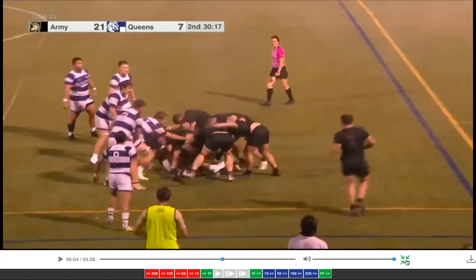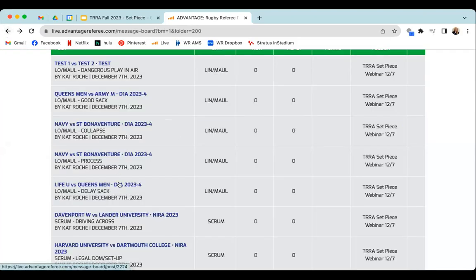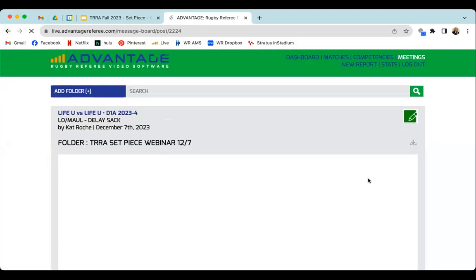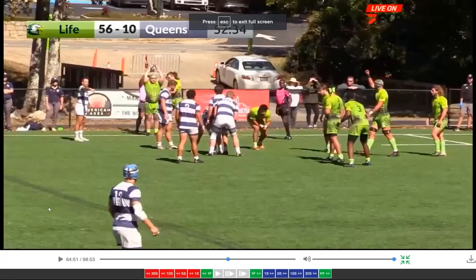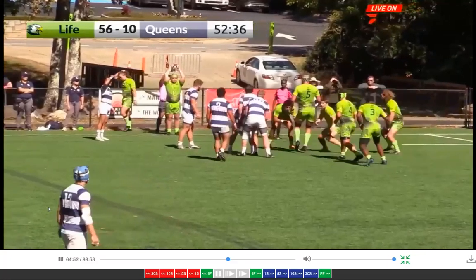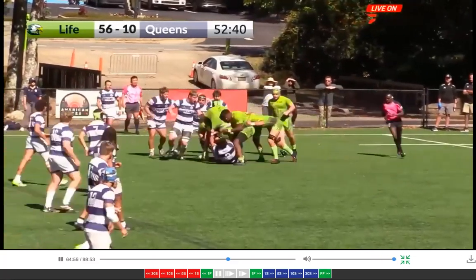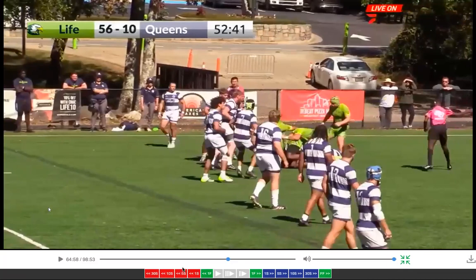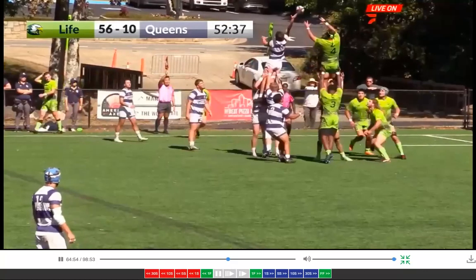So a bit of an opposing clip that I have to this is... And they've been successful there so far. Life does go to the maul, it looks like, so watch this in slow-mo.